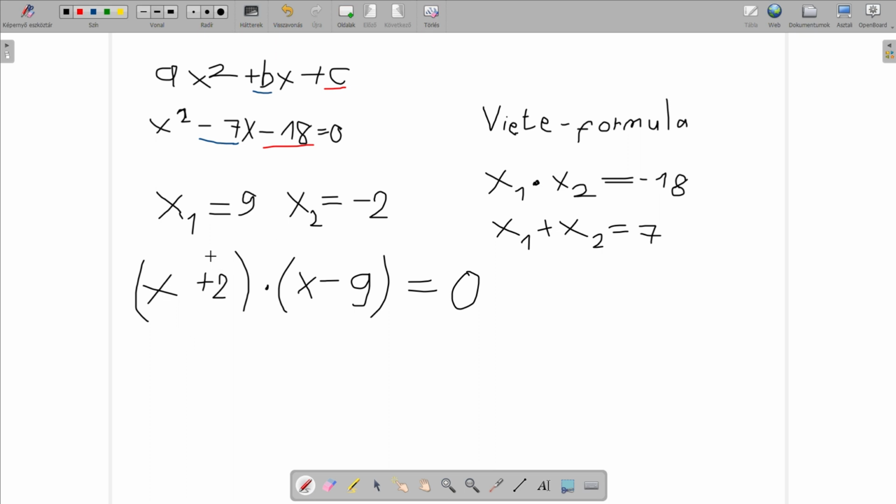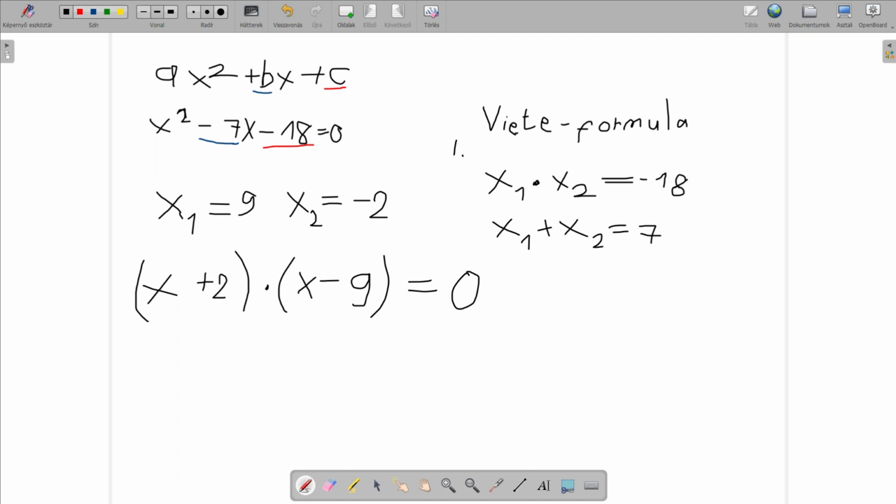That's what we call the zero product property. And there you would have 9, because 9 minus 9 is 0, and the other one you write plus 2, because x is minus 2 in the other case, and minus 2 plus 2 is 0. 0 times this is 0.